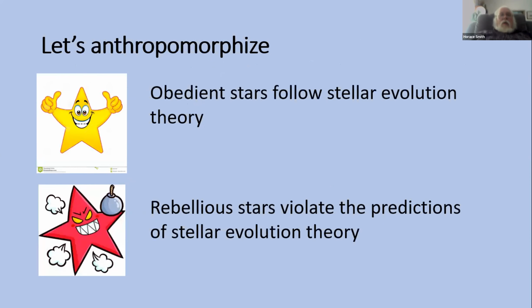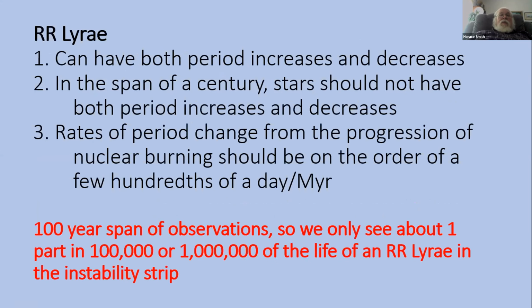There. However, let's anthropomorphize our stars. Smiling stars or yellow stars are obedient, following the predictions of stellar evolution theory. Our bomb-throwing stars are rebellious and don't obey the predictions of stellar evolution theory. So just a brief overview of our stars.